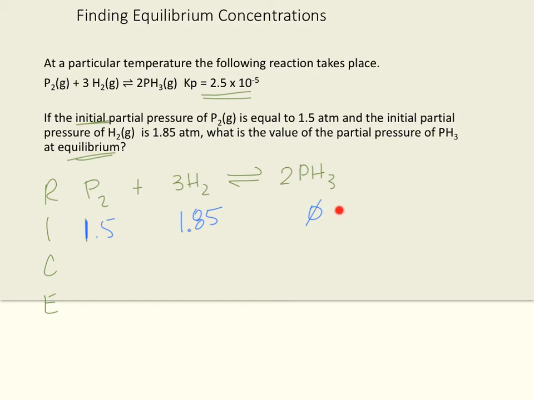It has to go forward. And so if it has to go forward, then that means we're going to get 2x over here. We're going to lose 3x right here, and we're going to lose 1x right here. And these coefficients just come from the coefficients in the balanced equation. It's just from stoichiometry. All right. So we're going to end up with at equilibrium, we're going to have 2x, 1.85 minus 3x, and 1.5 minus x.